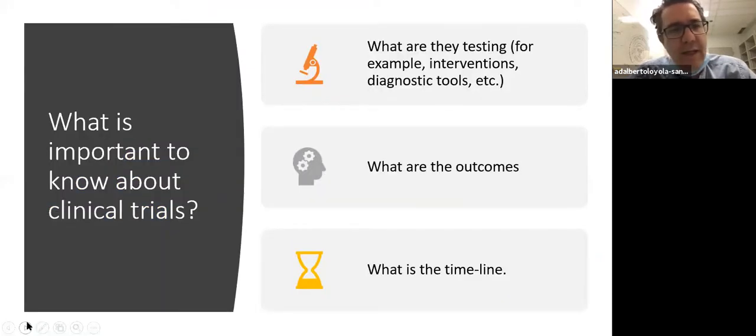So the next one is, what is important to know about clinical trials? There are 3 main things that we need to know about in every clinical trial. One is, what is the clinical trial testing? For example, as I told you, it could be a treatment or a diagnostic tool; mostly they are interventions or treatments and diagnostic tools.